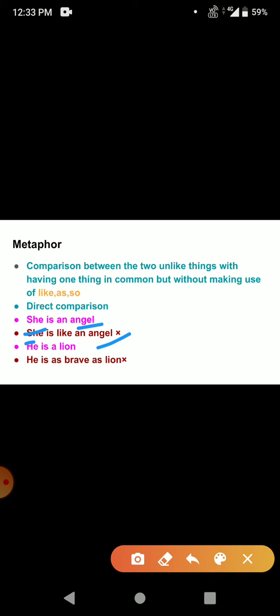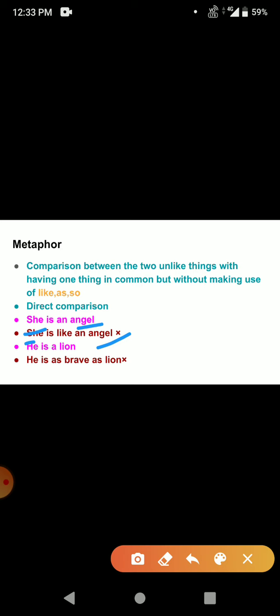But just remember one thing. When we use "like", "as", "so" while making comparison, it is simile. And when we make direct comparison without making use of "like", "as", "so", it is metaphor.